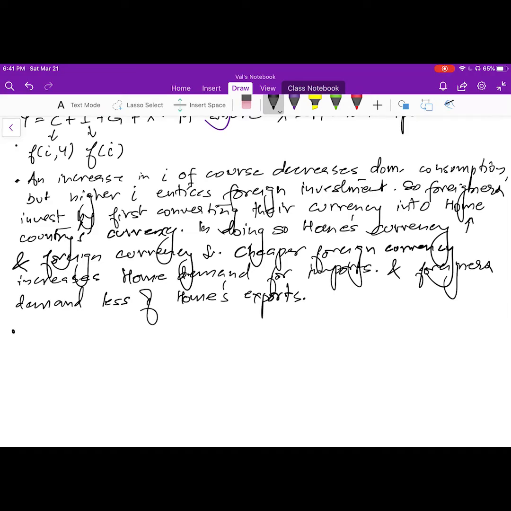The big takeaway is that goods and services markets become interdependent across countries.